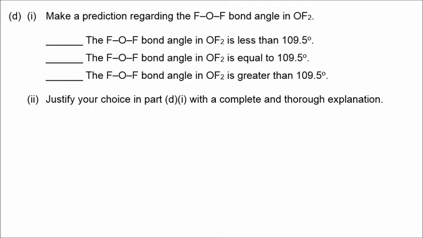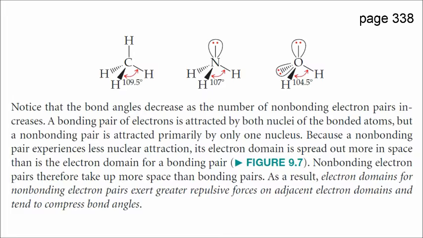All right, part D, we have to make a prediction about the bond angle in oxygen difluoride. In other words, are those lone pairs or non-bonding pairs on the oxygen atom going to affect the bond angle? And you know the answer is yes. They're going to compress the bond angle. We saw this earlier on page 338.